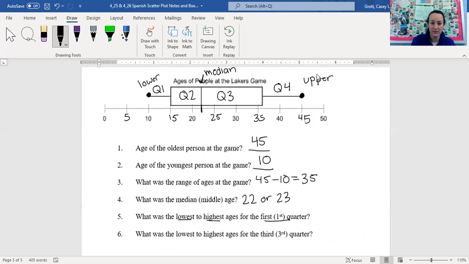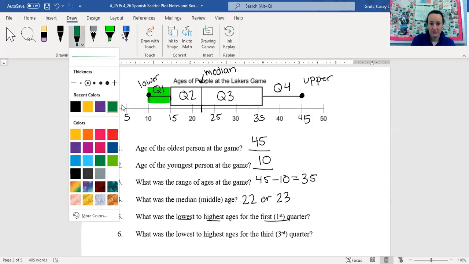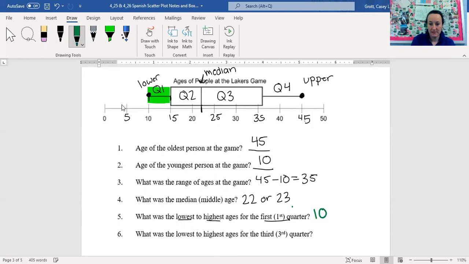First quarter goes from 10 to 15. First quarter is just this line. I don't know if this helps or not. So here is first quarter, going from 10 to 15. This is what my ages were.